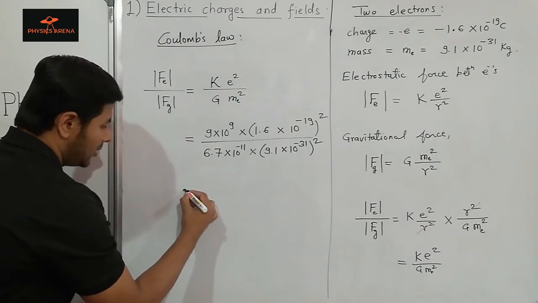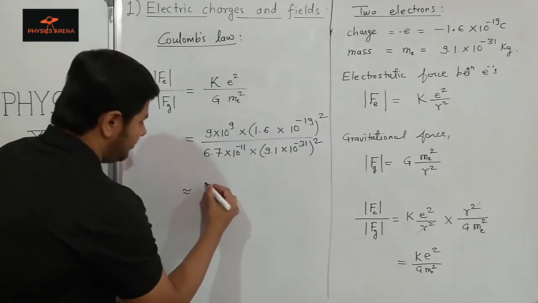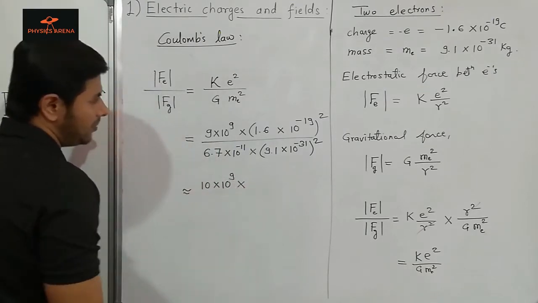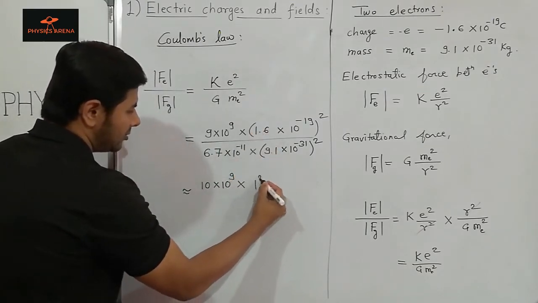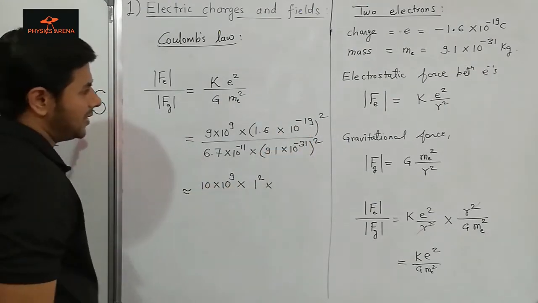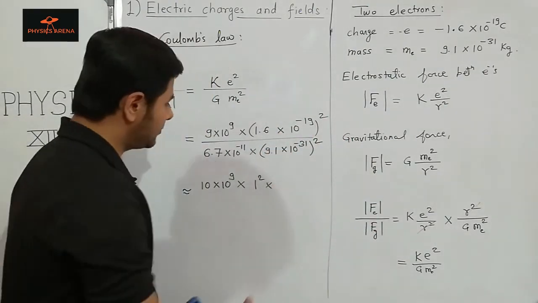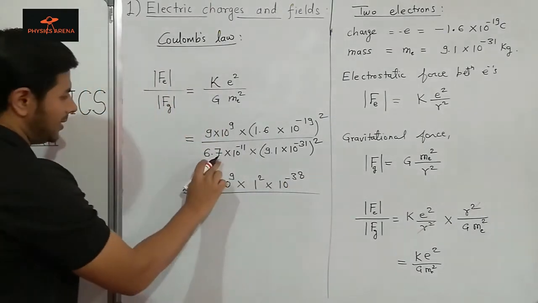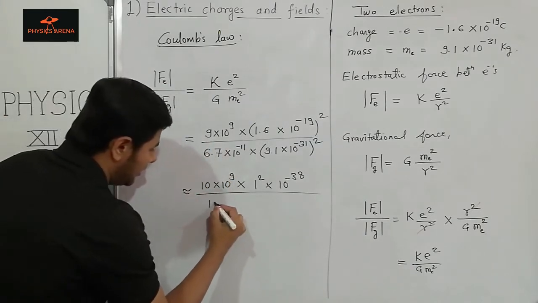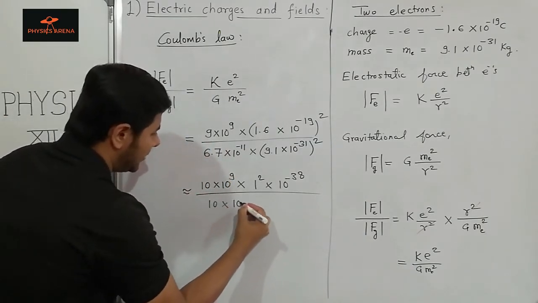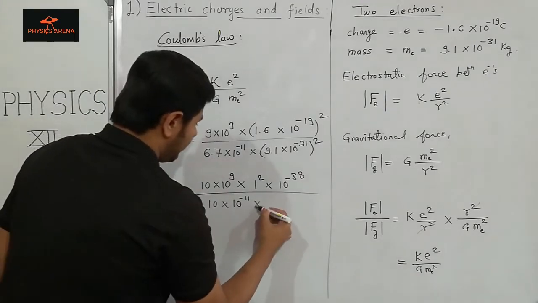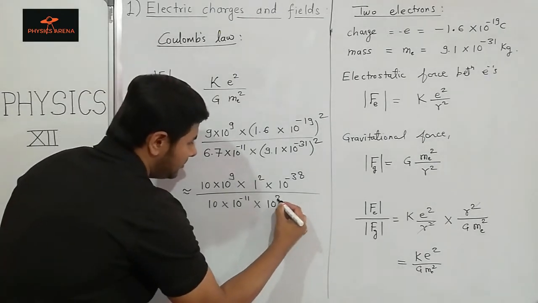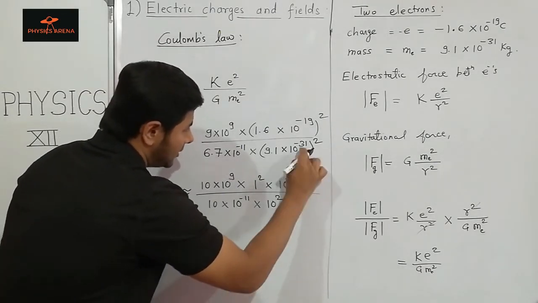So its order of magnitude is 10 for this 9 into 10 raised to 9, multiplied by, let's make this 1, so 1 squared, 10 raised to minus 19, square of that, so it is 10 raised to minus 38, divided by, let's make this 6.7 equal to 10, multiplied by 10 raised to minus 11, multiplied by 9.1 we will make it 10, so 10 squared, 10 raised to minus 62.